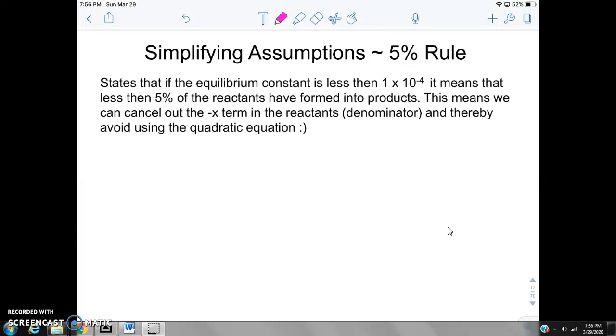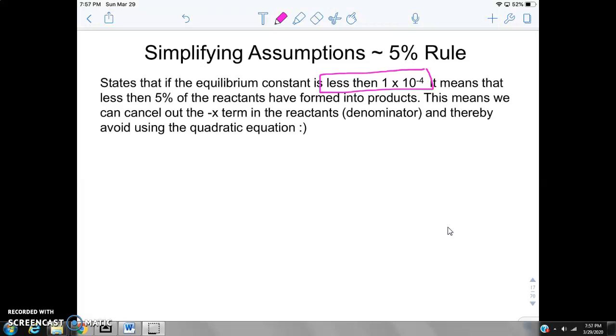Okay? So there's something that you can actually do to avoid using the quadratic equation. When they give you the KEQ, which they did in that problem, if the KEQ is less than 1 times 10 to the negative 4, that means that not enough reactants turned into products.